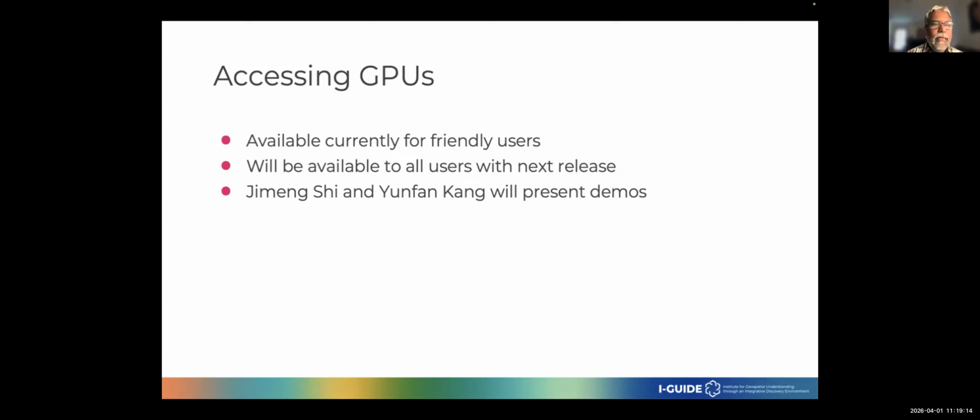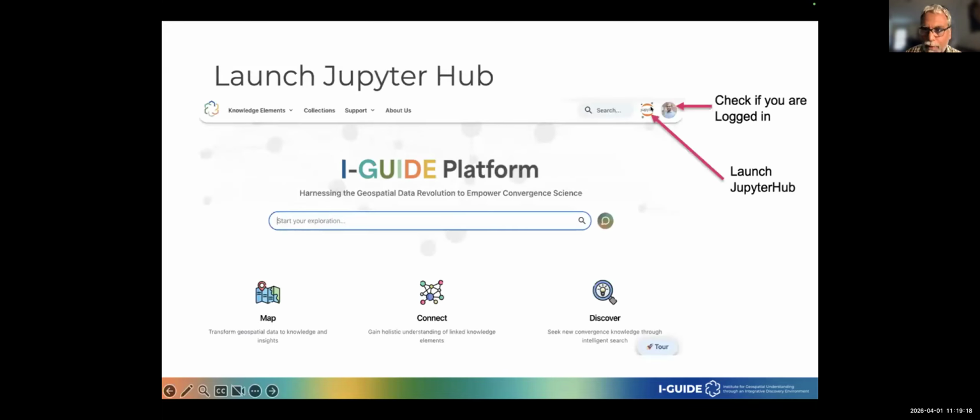The idea here is that when you click on the Jupyter environment right now, it opens a CPU only session, so most of the code will run on CPUs. But this new feature will allow you to launch notebooks that need geospatial AI capabilities and GPUs on an environment that has access to GPUs and CUDA libraries and things like that.